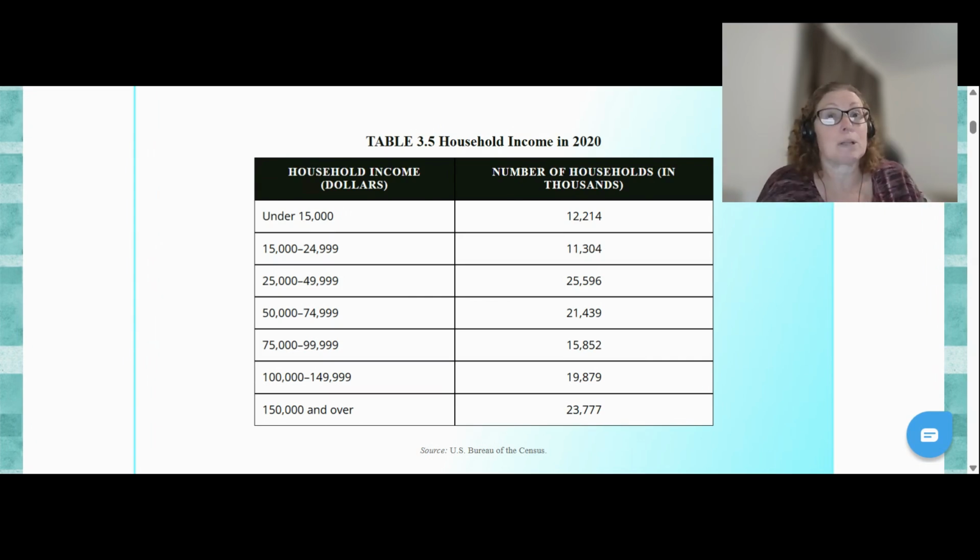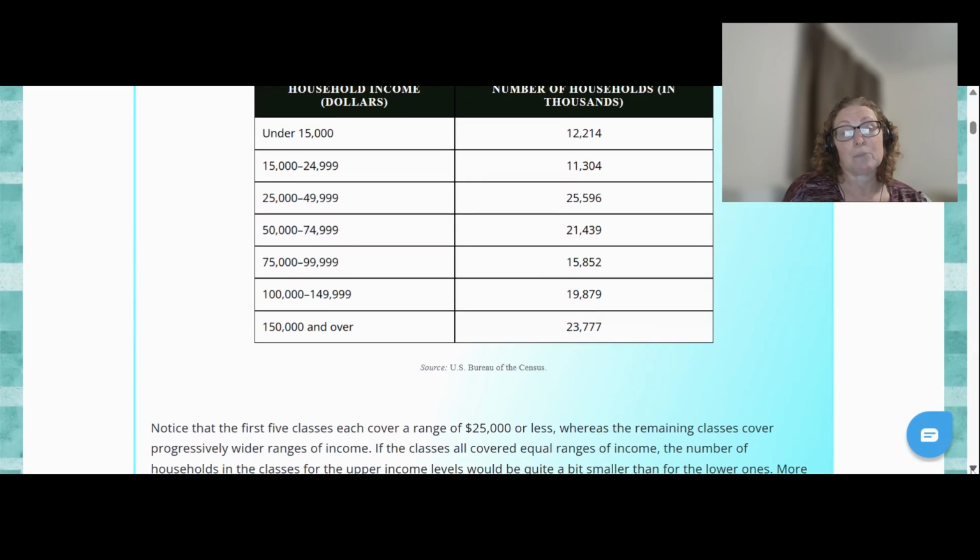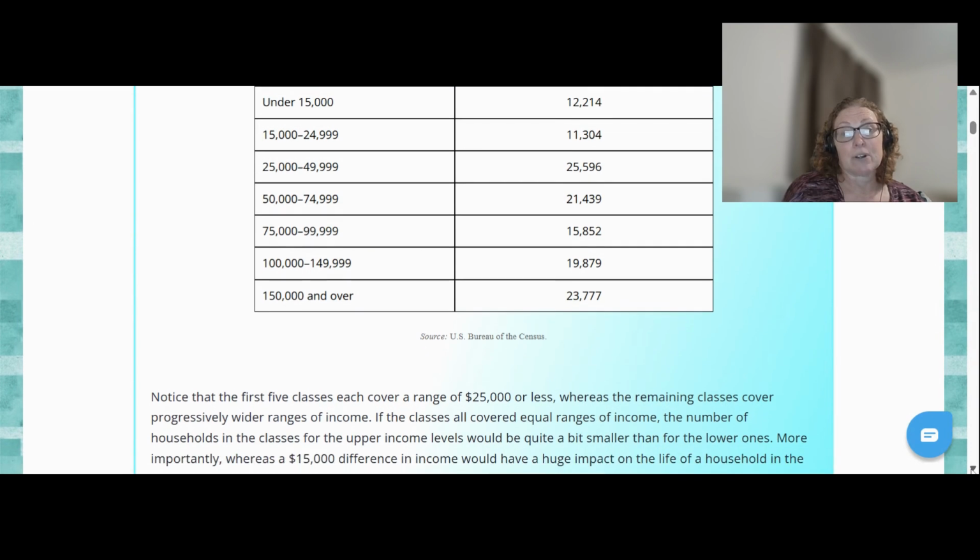That number could possibly be in either one. So definitely make a clear difference between the two. The reason the second one can say 15,000 is because the first one says under 15,000. You could have said 0 to 14,999 if you wanted to. That would have made sense too. So this is an example of putting this together.